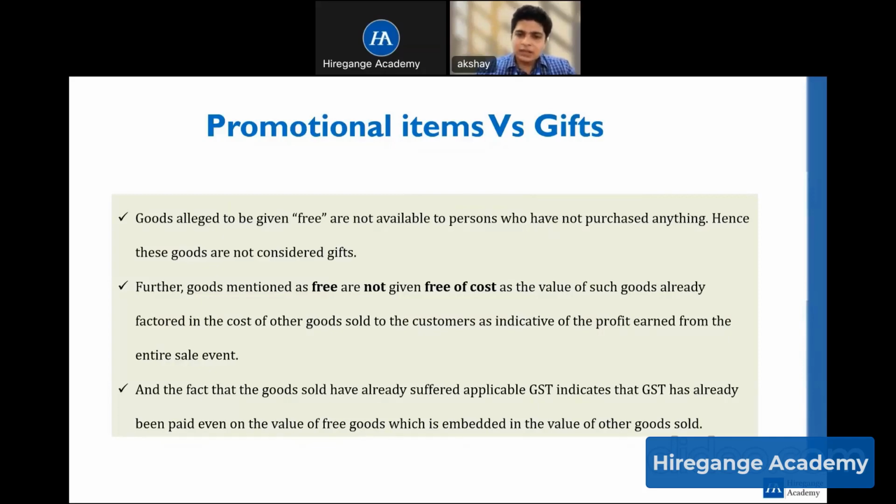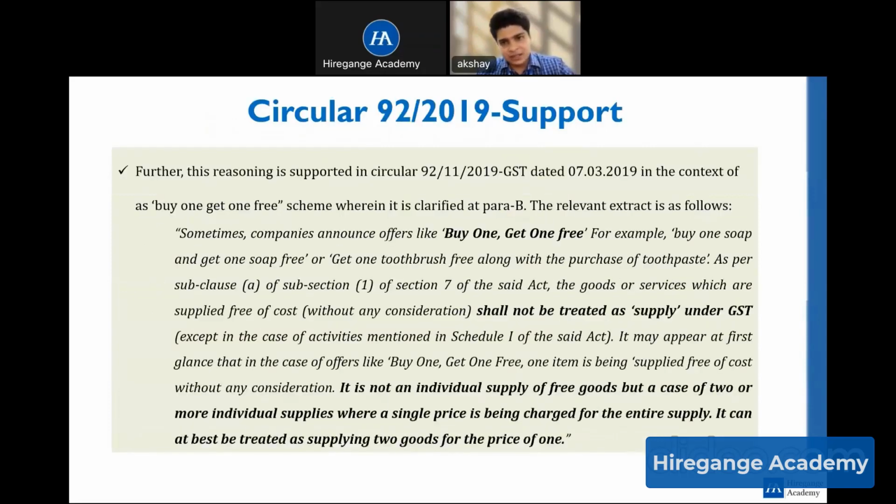So once we understand that these are not free goods and the cost is included, we can come to a conclusion that these goods have suffered GST, and once GST has been paid on these goods, there should not be any restriction on the ITC.